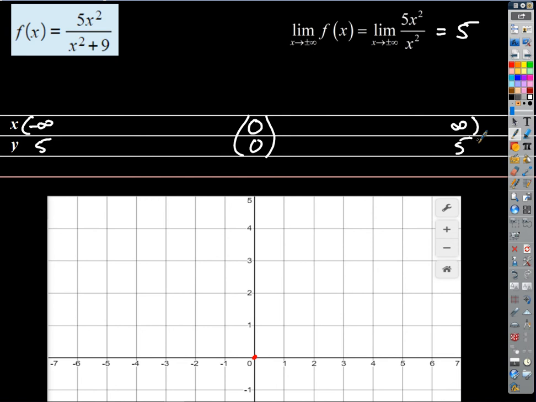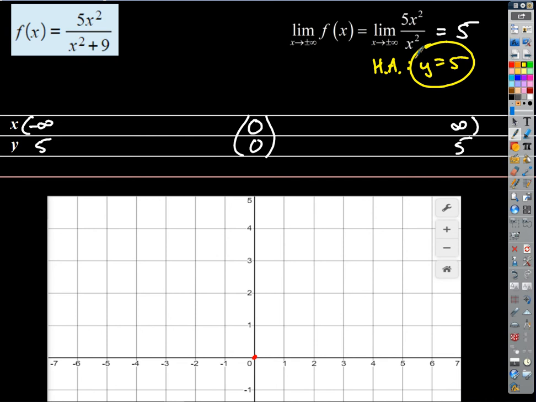And what's the equation for our horizontal asymptote then? y equals 5, right? If the limit of the function as x approaches plus or minus infinity is 5, so if we go infinitely far to the right or the left, y ends up equaling 5, then our horizontal asymptote is y equals 5.